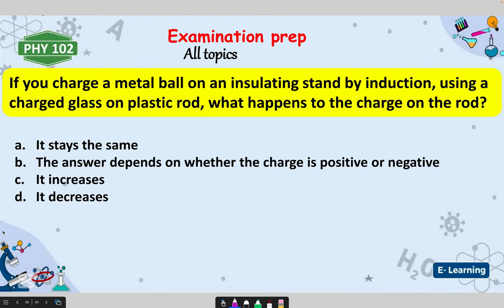It stays the same. The answer depends on whether the charge is positive or negative. It increases or it decreases. For this particular question, the charge will definitely remain the same, because it is not being transferred. Are you getting it now? So it will remain the same.